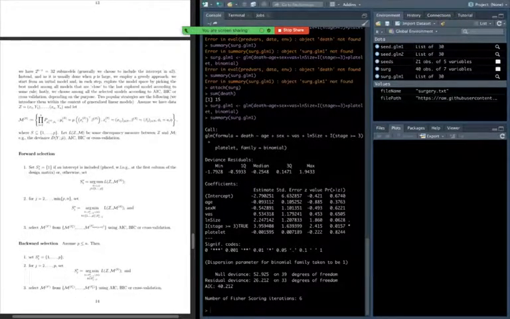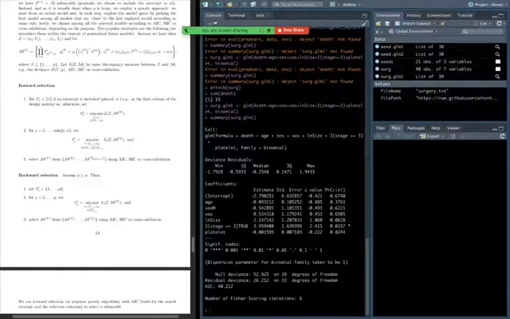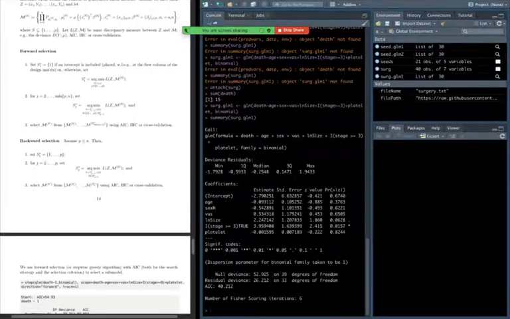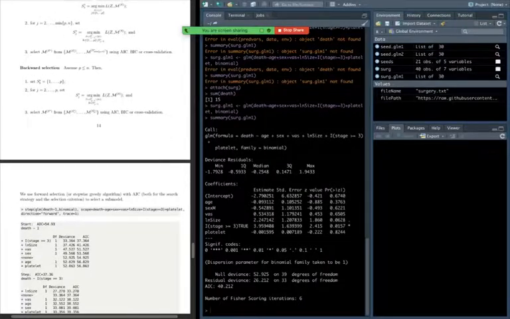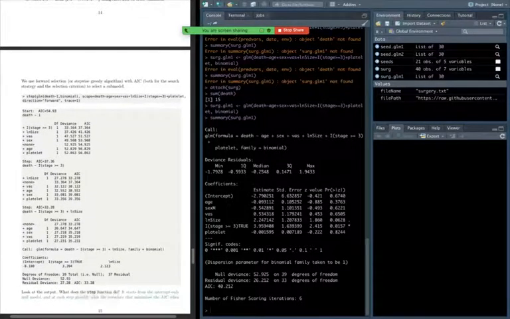Then the same idea in backward selection. We have the full model, and then we begin removing variables. This step function will precisely do this for us. We've chosen to do it forward.